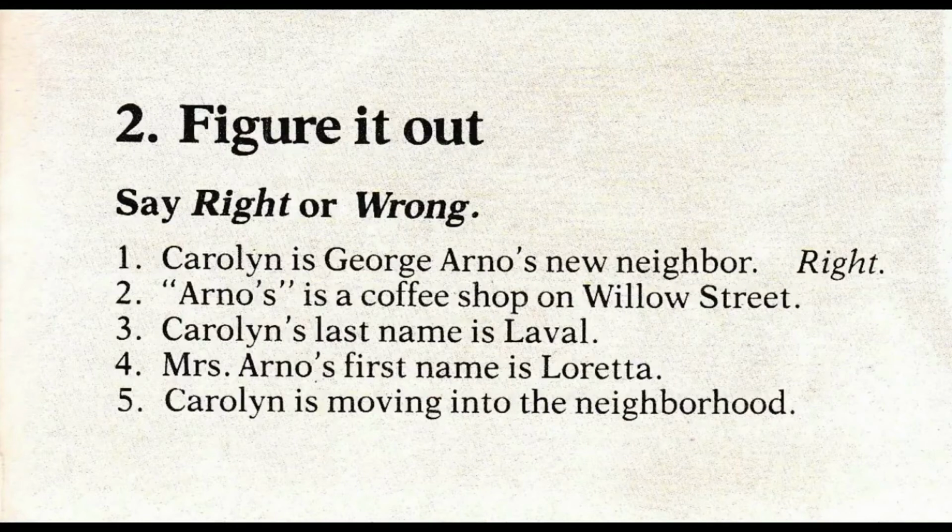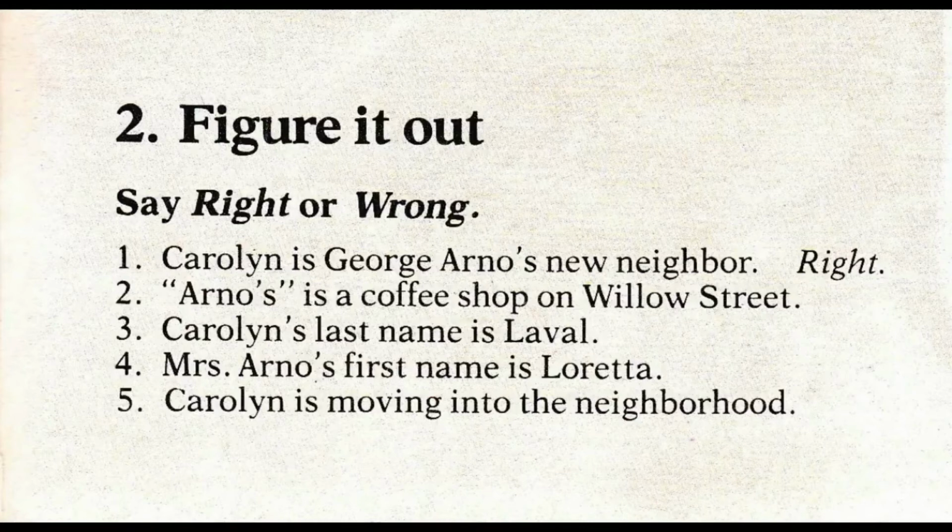So, number 2, Arno's is a coffee shop on Willow Street. Right or wrong? What do you think? Think a little. So, yeah, that's right, because on the top it says, "Welcome to Willow Street." It happens on Willow Street, in fact.